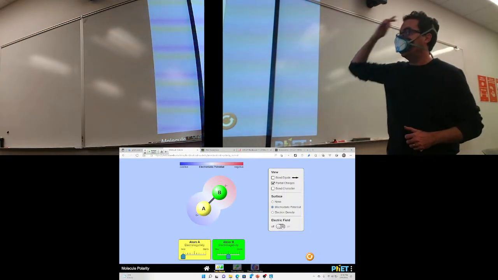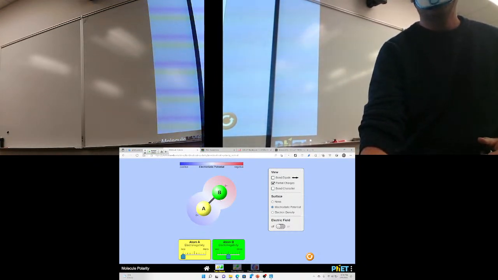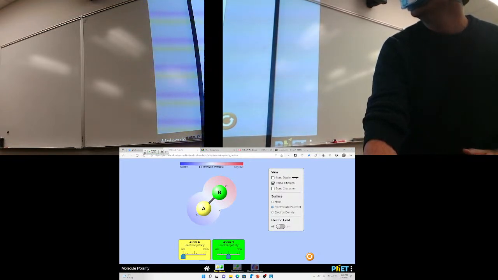These are polar bonds. And so what you have here are two atoms. We're just arbitrarily setting the electronegativity of these two atoms. So A is less electronegative, B is more electronegative. And because B is more electronegative, B picks up the partial negative charge, A picks up the partial positive charge.